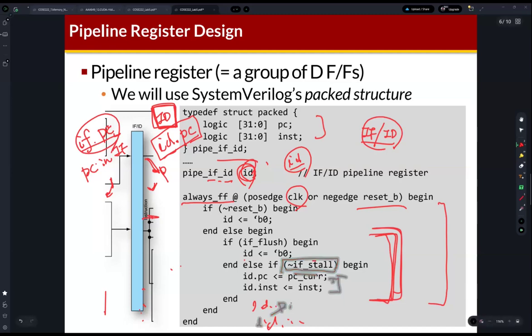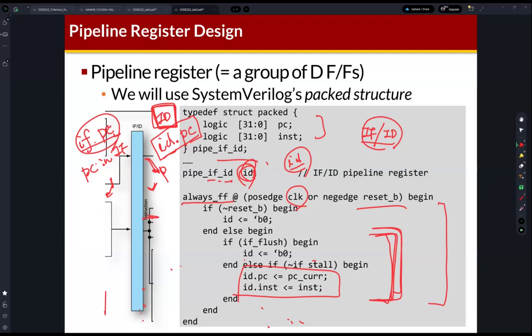So if the stall is not true, so it's a 0, then the signals are changing, it's propagating. But if this pipeline register receives the stall signal, then the output is not changed, right? Because it's stalled.